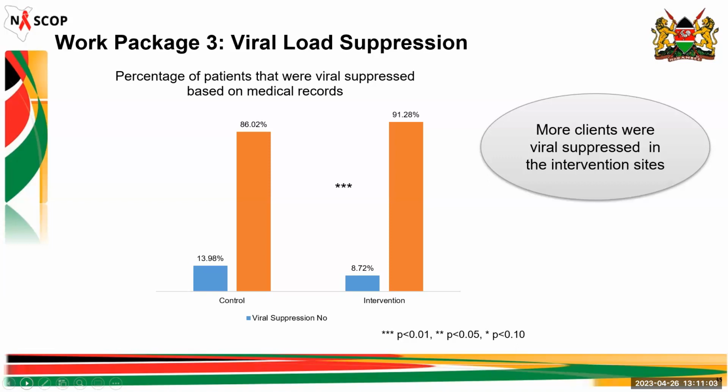Even when they were on DC models, the follow-up of those clients was more intentional compared to the control sites. And therefore, we were able to see the proportional differences between the intervention sites and the control sites in terms of viral suppression. Next slide, please.